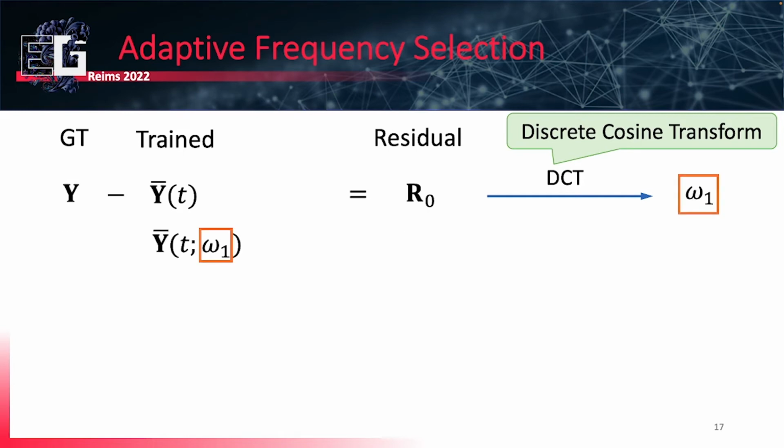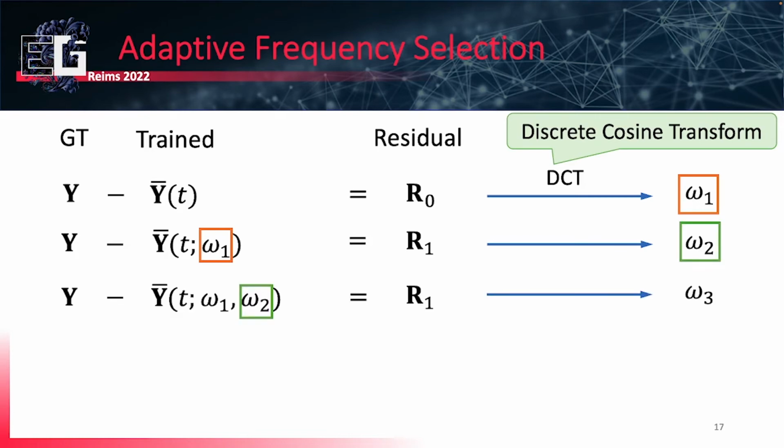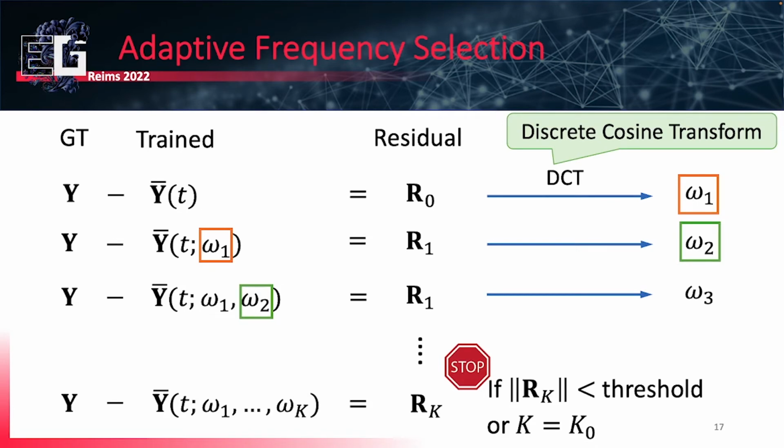And add omega 1 to the Fourier feature, retrain the net, compute the residual, and find the next dominant frequency, omega 2. We compute omega 3 and repeat this until a given quality threshold is satisfied, or k reaches some predefined number. This is basically our adaptive frequency selection algorithm.